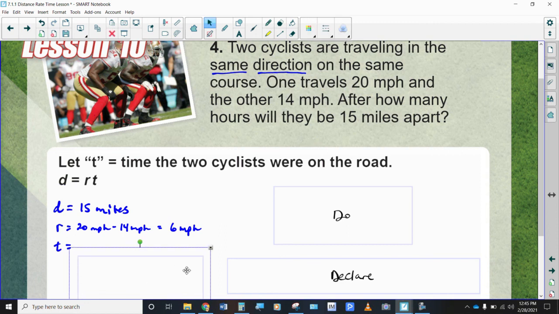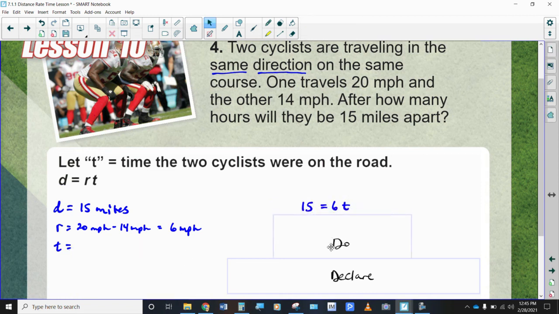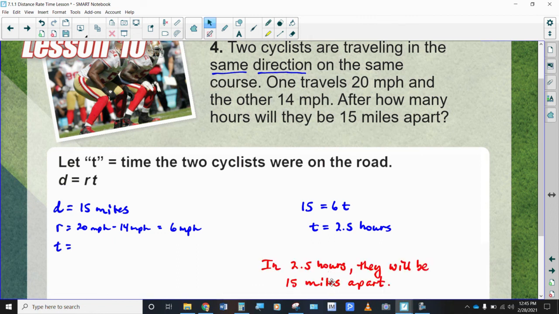And so the time that it's going to take is going to be based on the 6 miles per hour. So 15 miles at 6 miles per hour is going to be the gap between them. For 15 miles, you're going to take 15 divided by 6, and it should take 2.5 hours before they're 15 miles apart from each other.